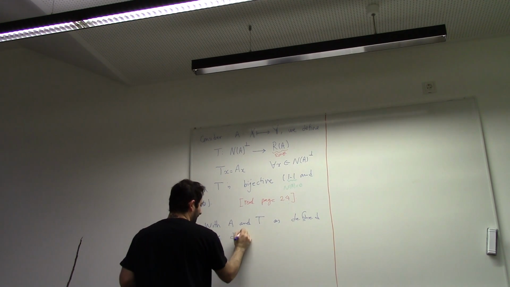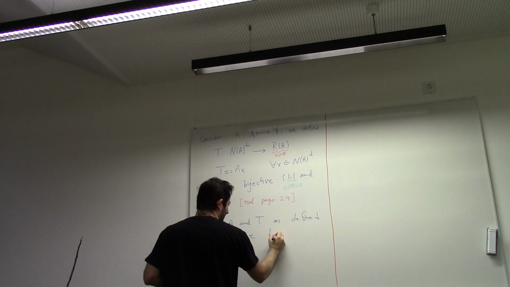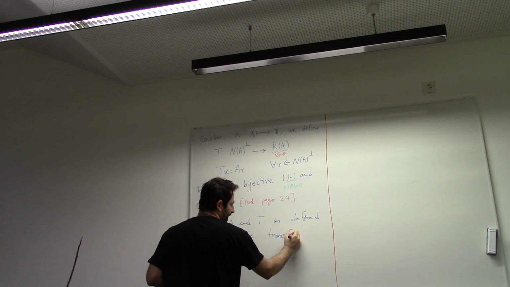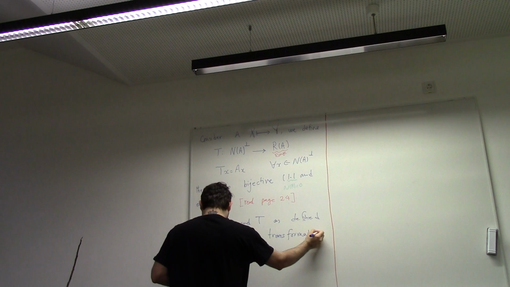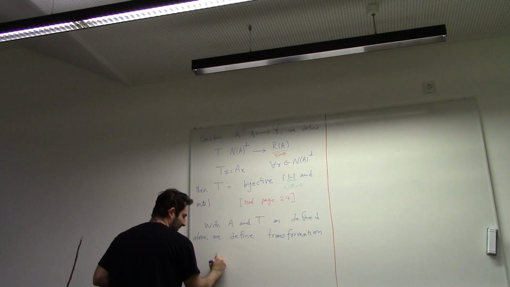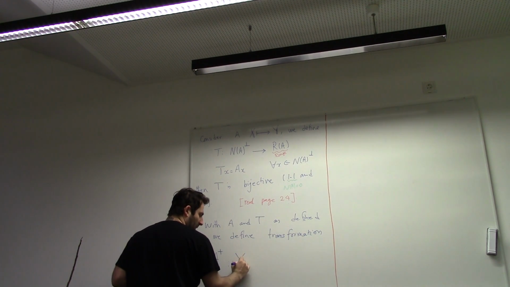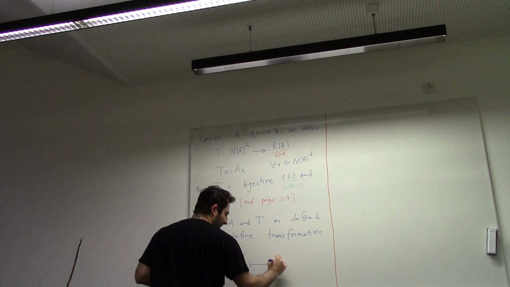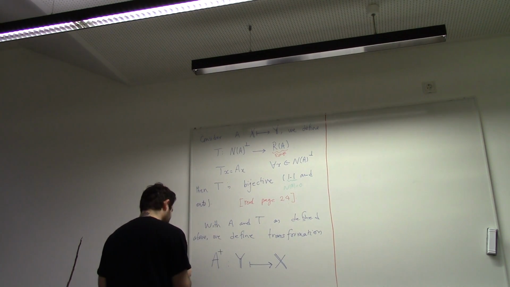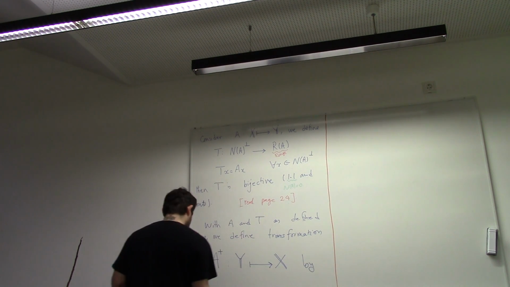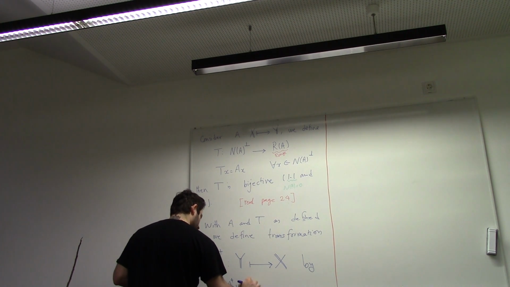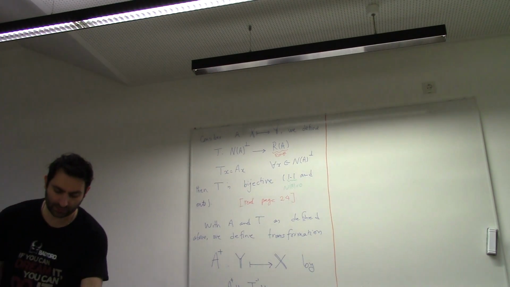We define the transformation A pseudo-inverse to be from Y vector space to X vector space by A plus y is equal to T inverse y.